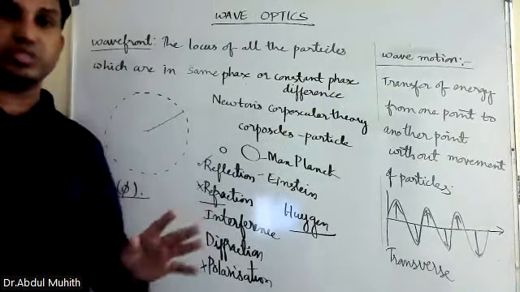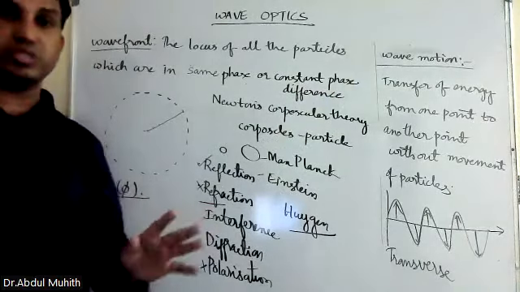So one more definition of the locus for wavefront: it is defined as a surface of constant phase.